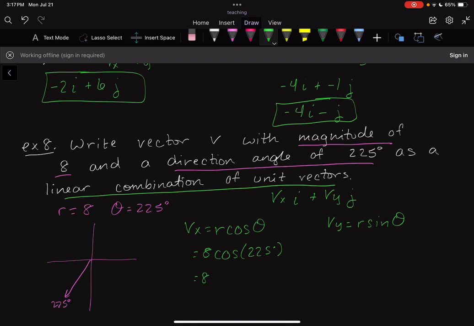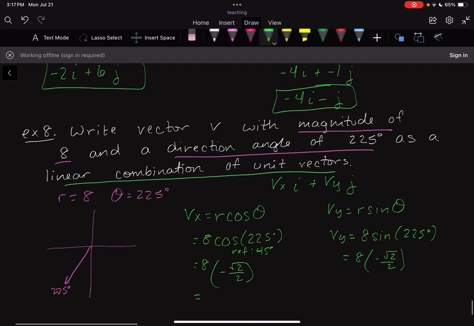Cosine of 225 has a reference of 45, but it's in quadrant 3, so it'll have to be negative root 2 over 2. Same story, sine is negative root 2 over 2. Now simplifying this would be negative 8 root 2 over 2, which simplifies to negative 4 root 2.